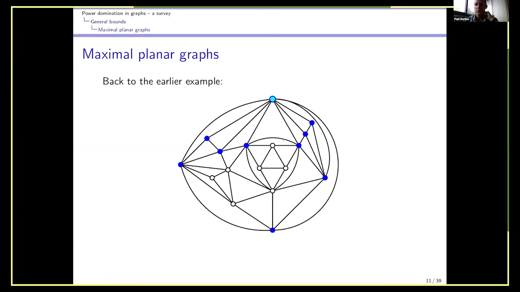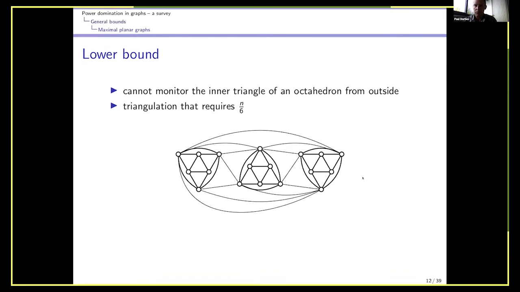So what I state here is, if I pick a set of vertices outside of the octahedron to power dominate the graph, so for example, I take this one, which has a very large degree, and I have some propagation that happens, but I cannot get inside this small triangle of the octahedron. Again, because every vertex outside has got 2 neighbors inside this triangle. So I cannot get inside. And from this, I can build a family of graphs, which is a bit funny, which is built especially of octahedrons. So here I have 3 octahedrons.